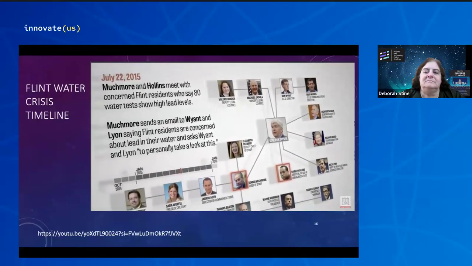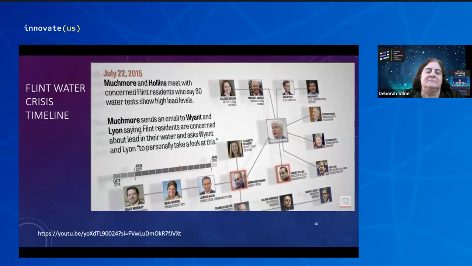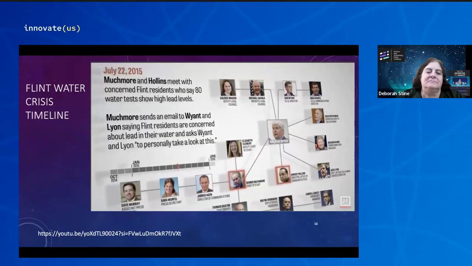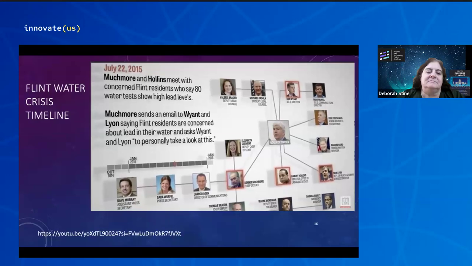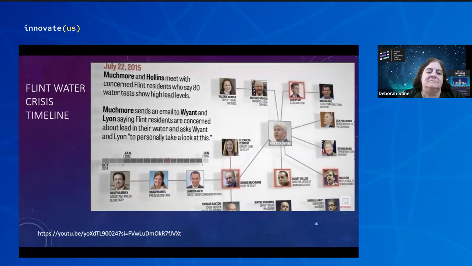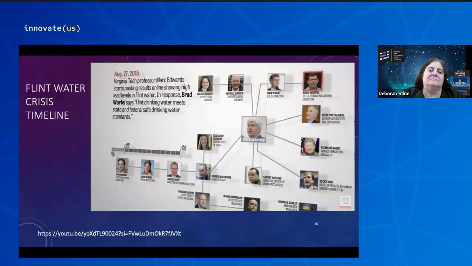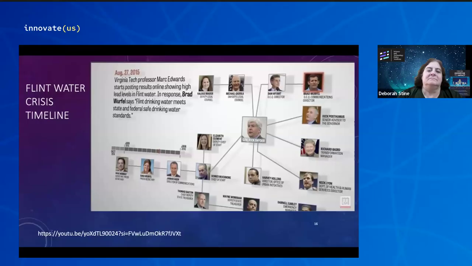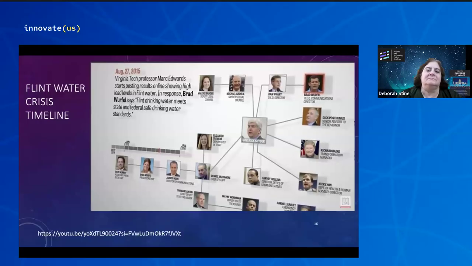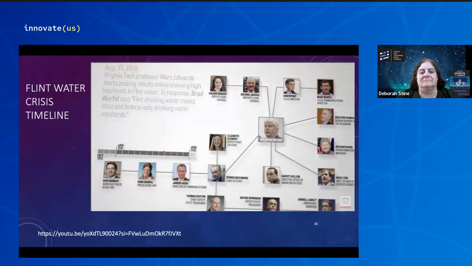July 22nd. Muchmore and Hollins meet with concerned Flint residents who say 80 water tests show high lead levels. Muchmore sends an email to Wyatt and Lyon saying Flint residents are concerned about lead in their water and asks Wyatt and Lyon to personally take a look at this. August 27th. Virginia Tech professor Mark Edwards starts posting results online showing high lead levels in Flint water. In response, Brad Werfel says Flint drinking water meets state and federal safe drinking water standards.